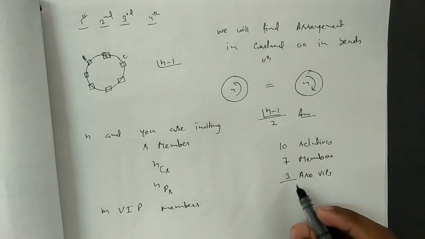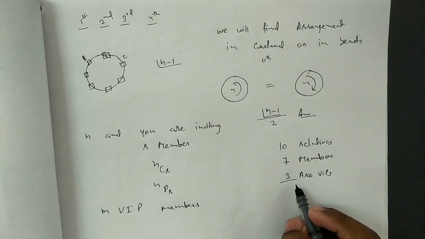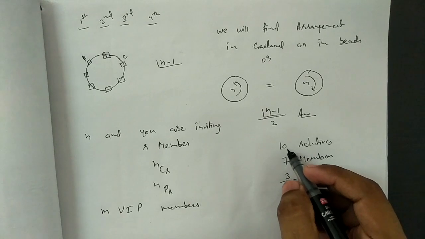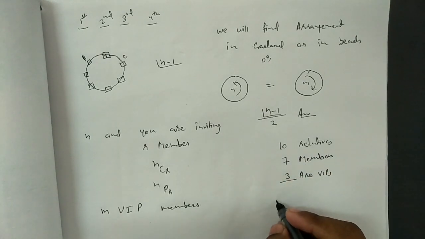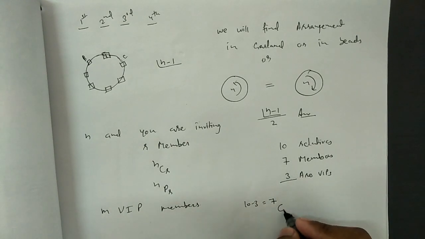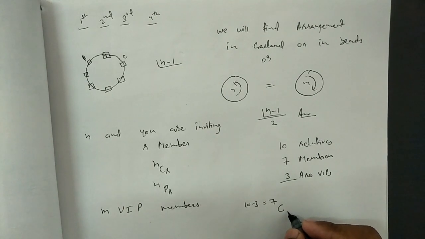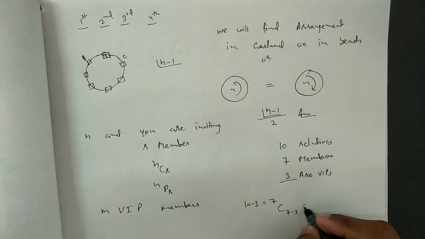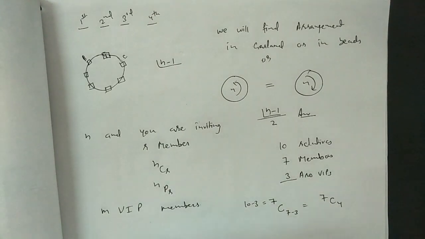So you don't have to choose the 3 VIPs from the 10 relatives. So the effective choices you have are only 7. 10 minus 3 is equal to 7. 7C4, because 7 minus 3 is 4.